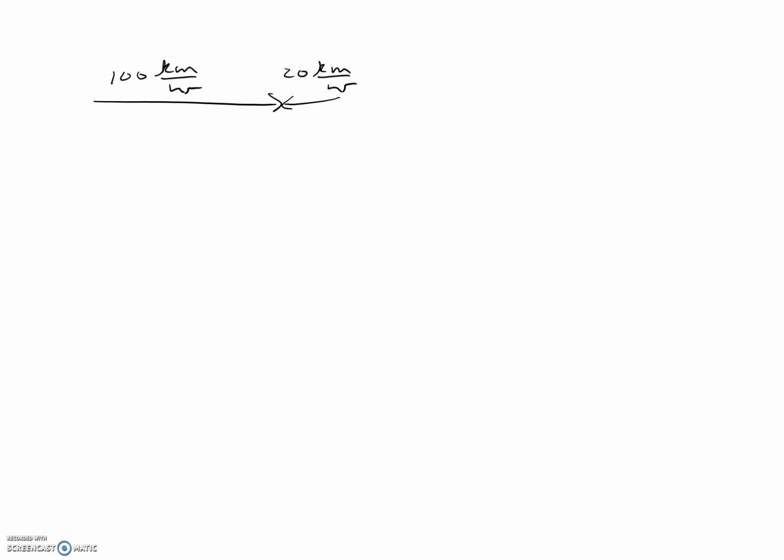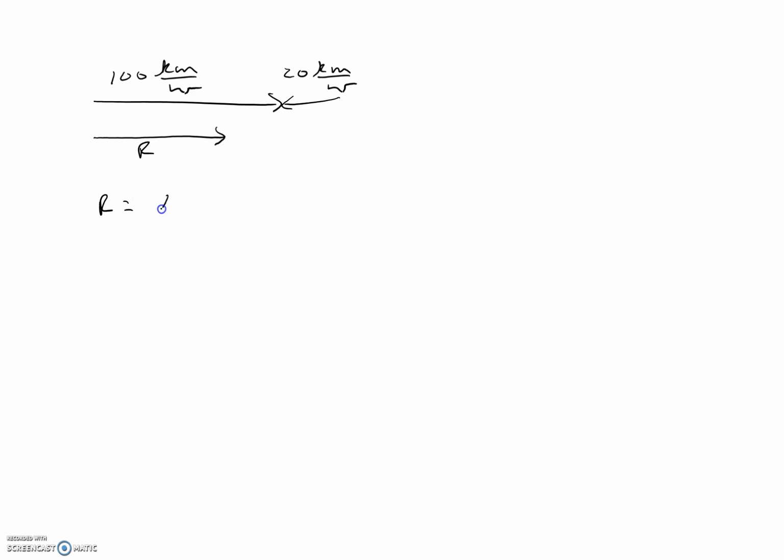Now the wind is going against the plane. So if we wanted to find out what our resultant vector would be, it's actually going to be less than what our original vector was. And to calculate that, we would subtract.